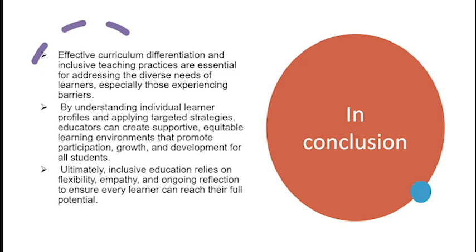And by understanding individual learner profiles and applying targeted strategies, educators can create supportive, equitable learning environments that promote participation, growth, and development for all learners. Ultimately, inclusive education relies on flexibility, empathy, and ongoing reflection to ensure every learner can reach their full potential.